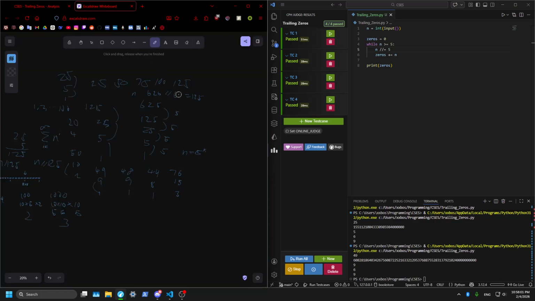Because we start with our number. Do 50. 50 divided by 5 is 10. So there are 10 numbers that are a multiple of 5.